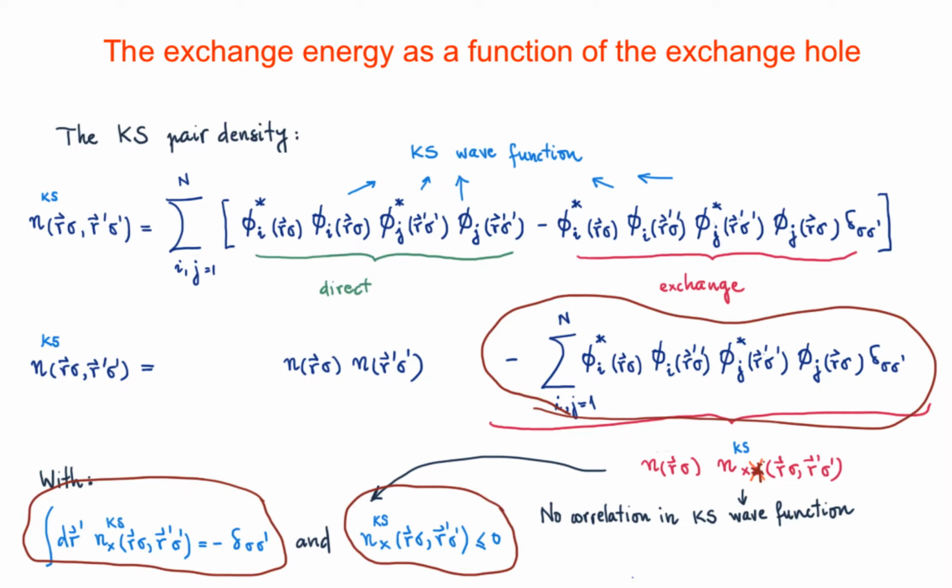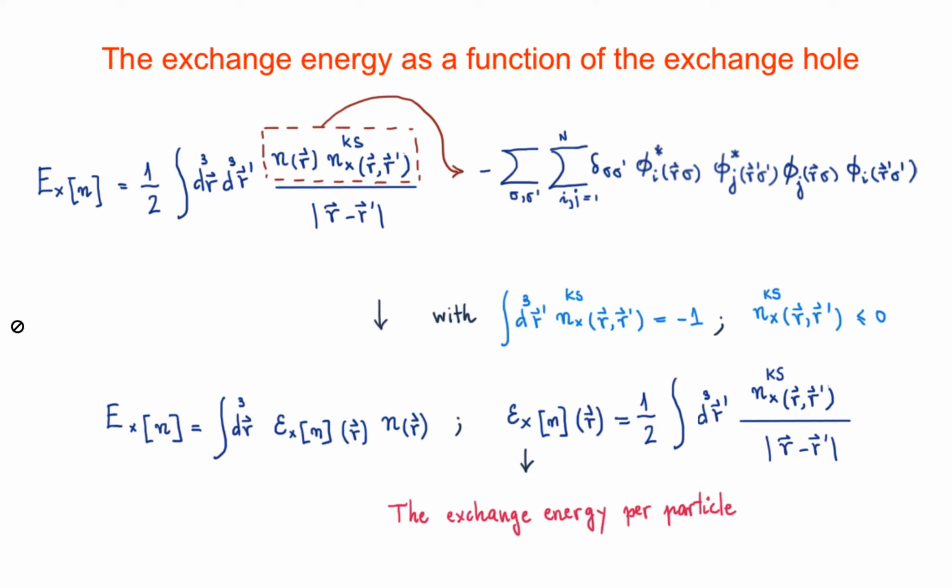So here we have seen, as we said at the beginning, the relation between the exchange energy and the exchange hole, which is given by that expression. Considering that expression, we could interpret the exchange energy in the following way: it is the electrostatic interaction between the electron and the exchange hole.